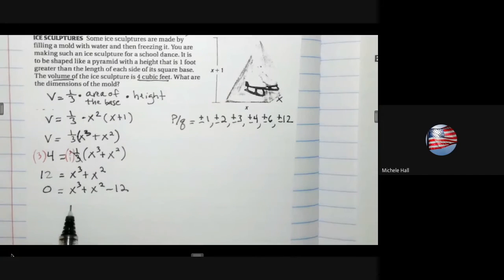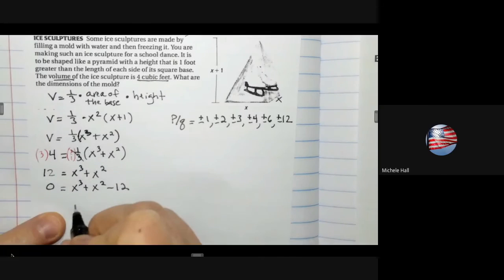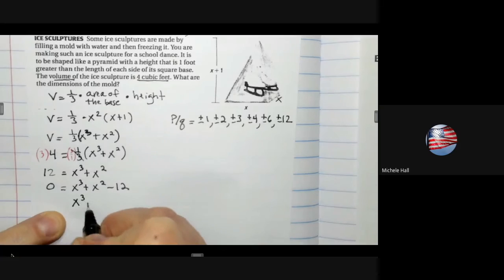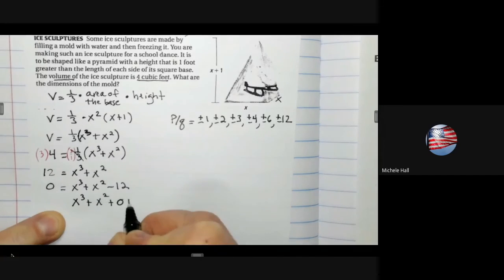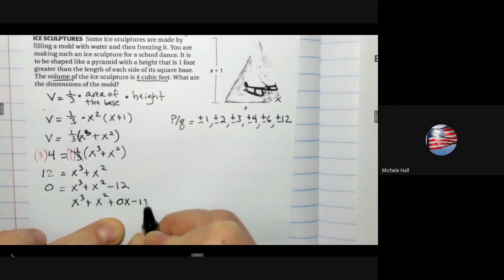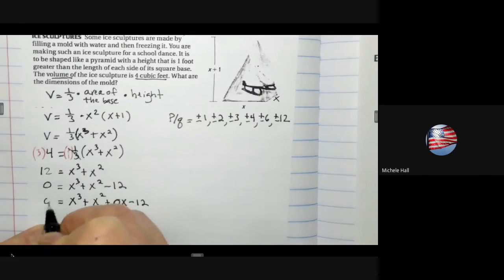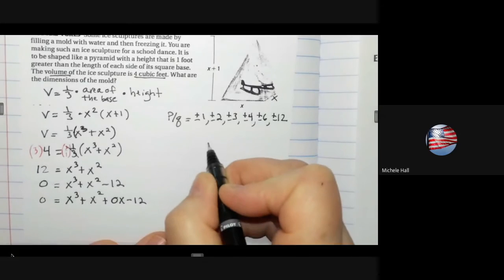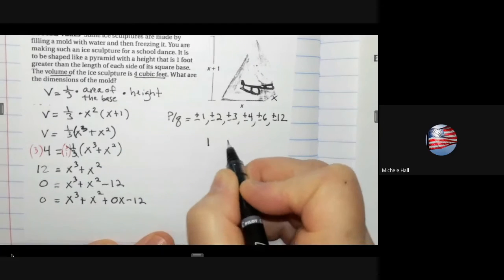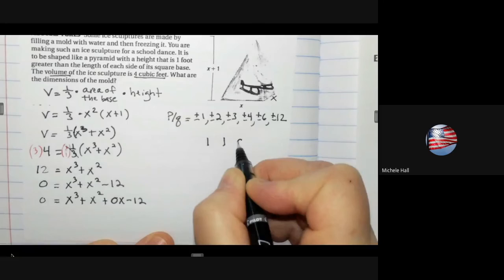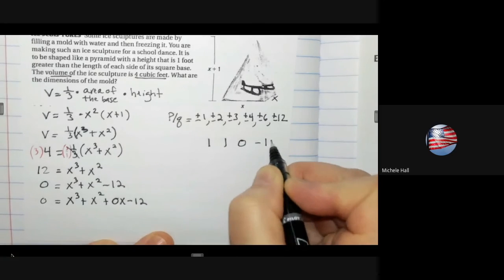We have degree 3, degree 2. We're missing the x term. So we need to remember to fill in 0x and minus 12. So for our synthetic division, we have 1, 1, 0, negative 12.